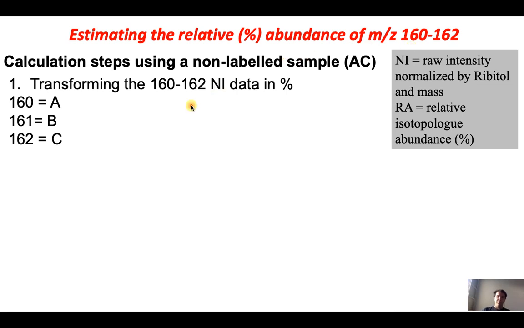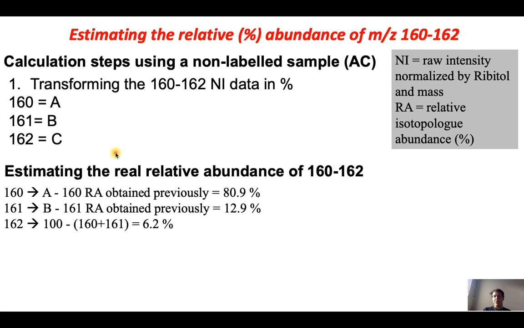The first thing we did was to transform the data normalized by Ribitol and mass into percentage, even knowing that this is wrong, since 160 has overlap with the 157 and the 161 as well.